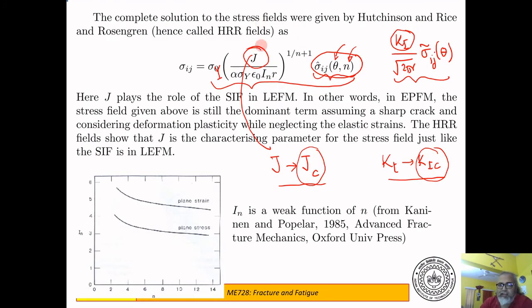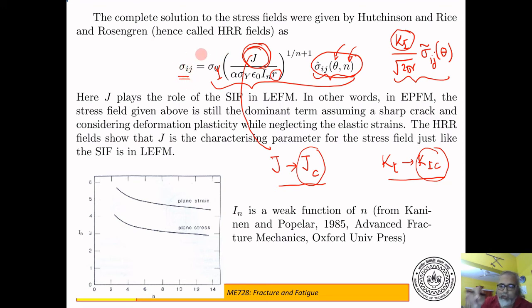So you have a crack tip characterizing parameter, which in this case is J. You have an angular function. You have a separation between the R and the theta variations. And most importantly, as R tends to zero, the stresses still go to infinity. So, though we have assumed plasticity, there are infinite stresses at the crack tip.